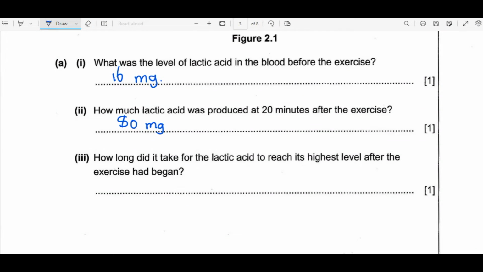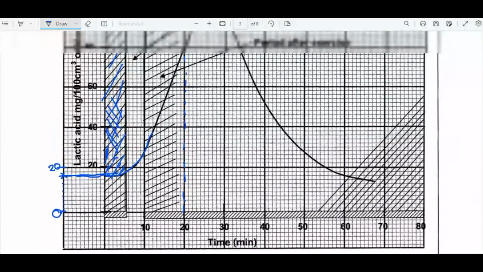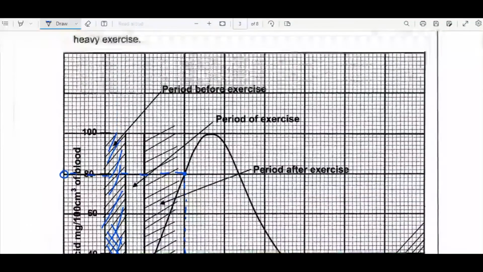Then for Roman number 3, how long did it take for the lactic acid to reach its highest level after the exercise had begun? So the period of exercise, this point is the beginning of the exercise. Then this point is the highest point indicating the accumulation of lactic acid, because it didn't exceed this number.